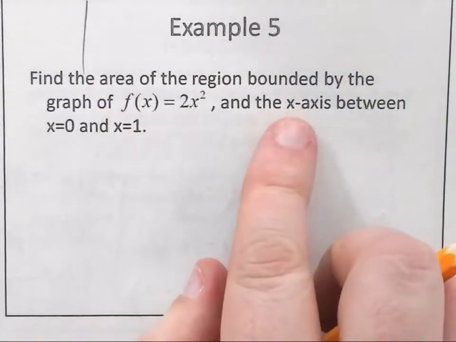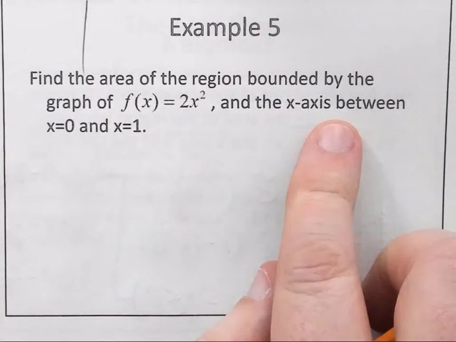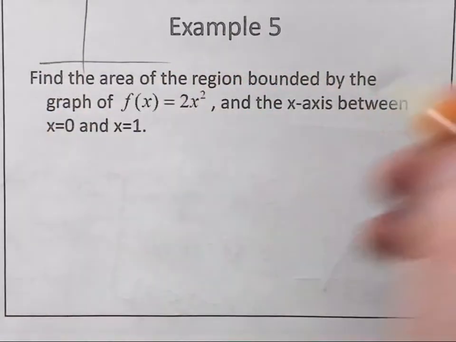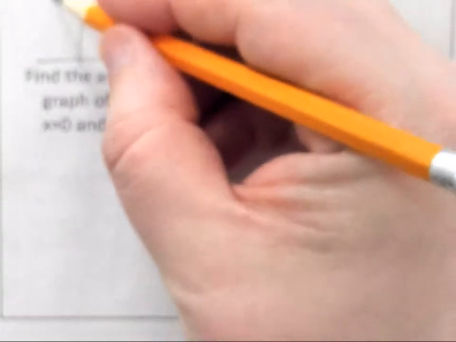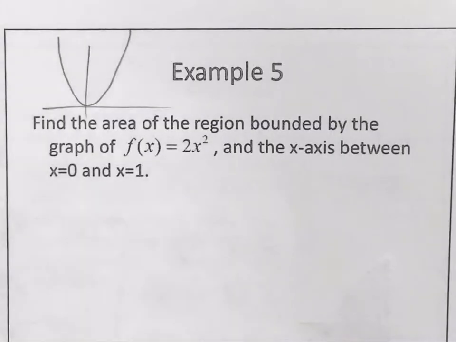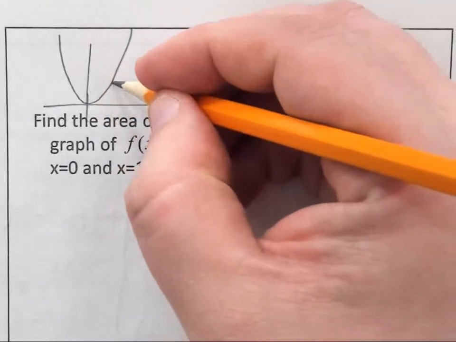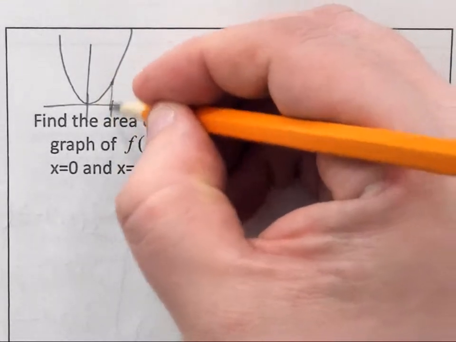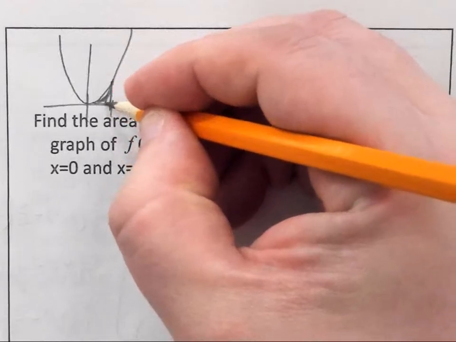This is limiting you to the first quadrant between 0 and 1. Okay? So if I look at this curve and I go between 0 and 1, it's actually talking about this shaded region here.